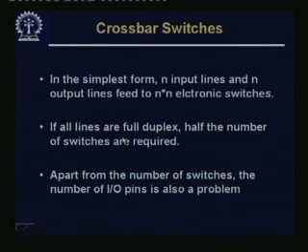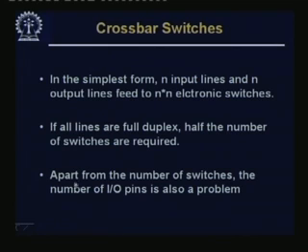And the other thing is that only either the top half or the bottom half of the switches is needed, that is, the triangle above or below the principal diagonal. So, only those switches are required. In general, n square by 2 switches would be required if you have full duplex lines.